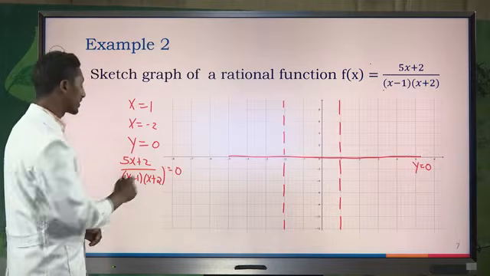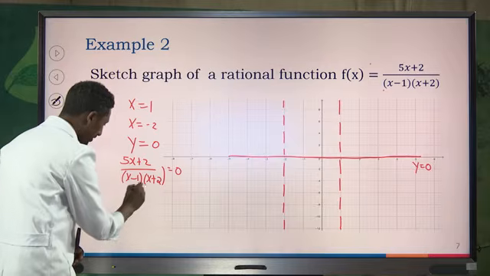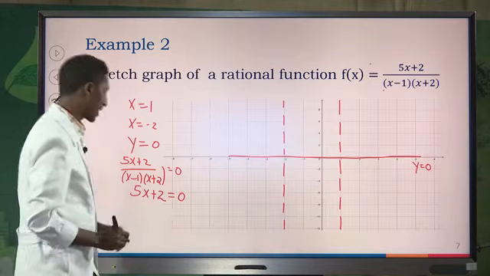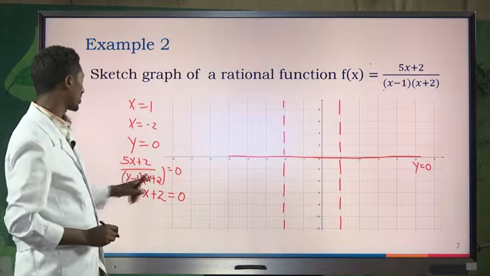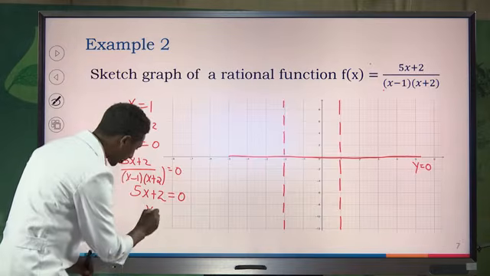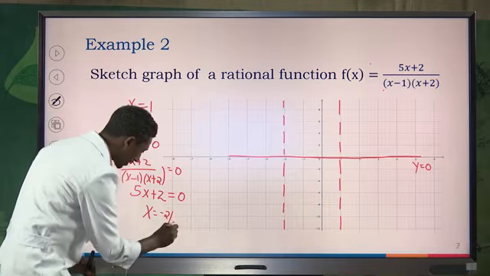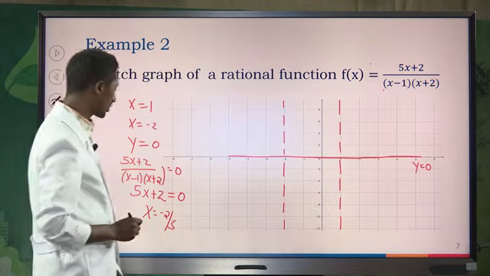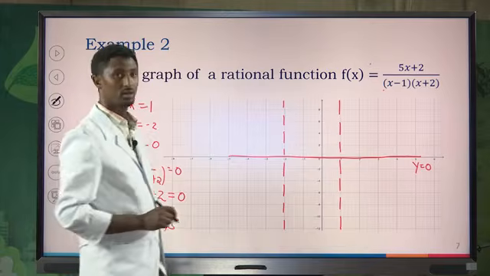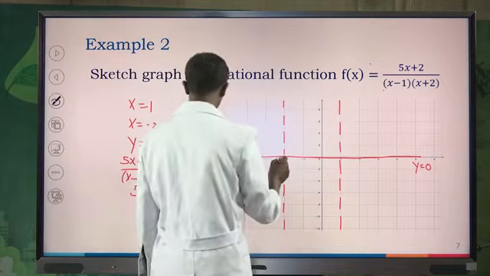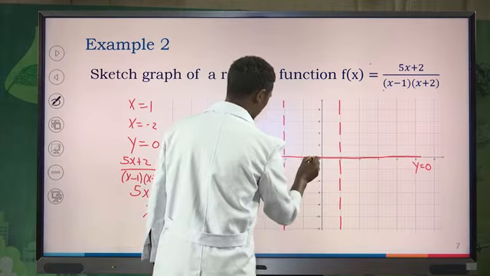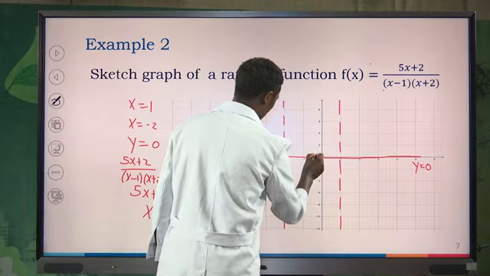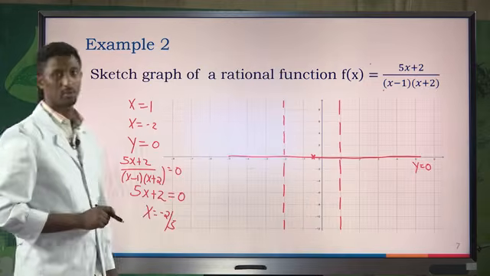If we solve this, 5x plus 2 equals 0, because when we cross-multiply, this will be 0. So x equals minus 2 over 5. Let's try to locate this point. Minus 2 over 5 is approximately negative 0.4. So the graph will intersect the x-axis at this point.